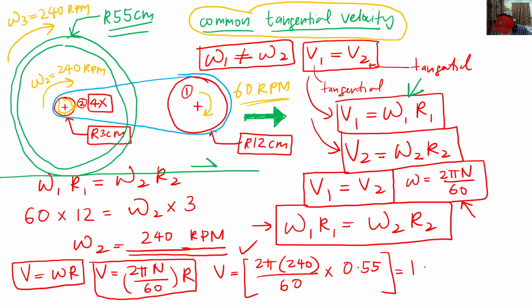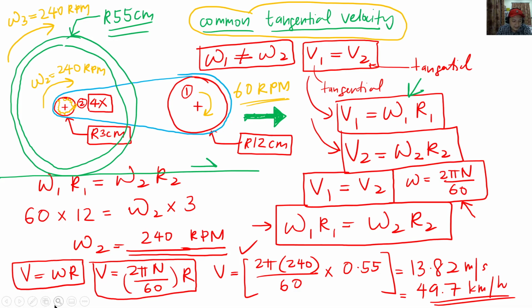So it's traveling at 13.82 meter per second. How many kilometer per hour? Multiply by 3.6. So this guy is cycling at 49.7 kilometer per hour. See? This is how you calculate linear speed.